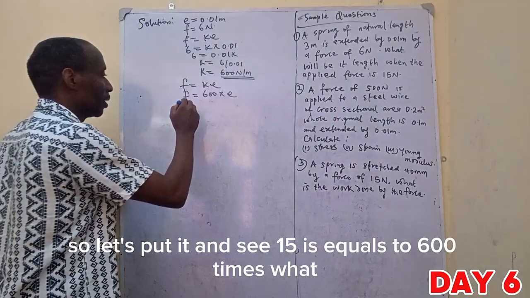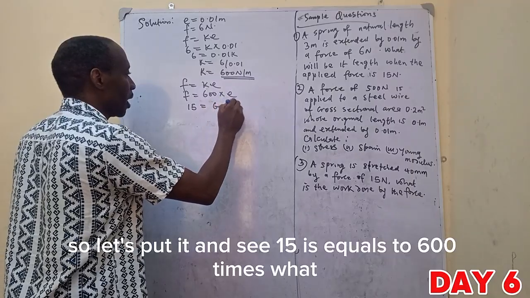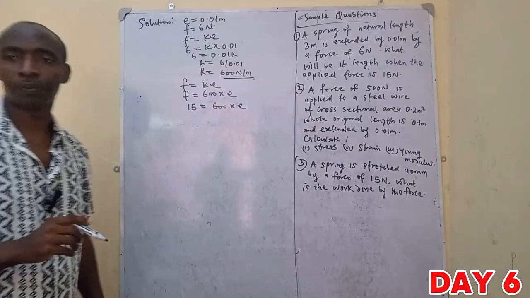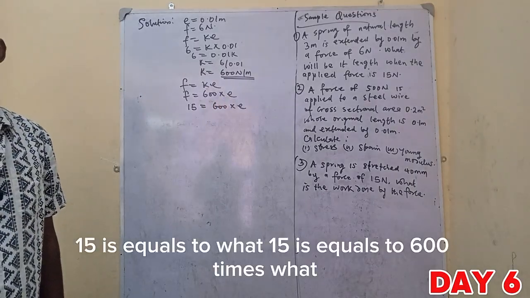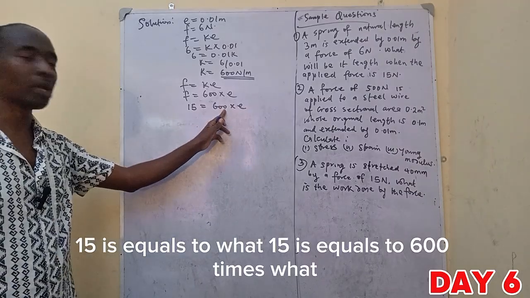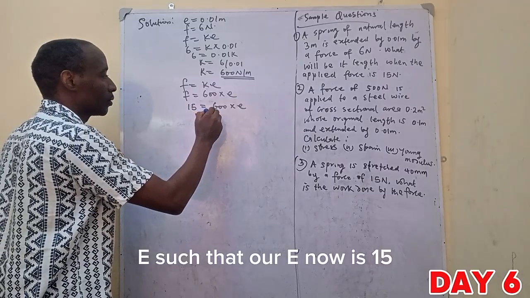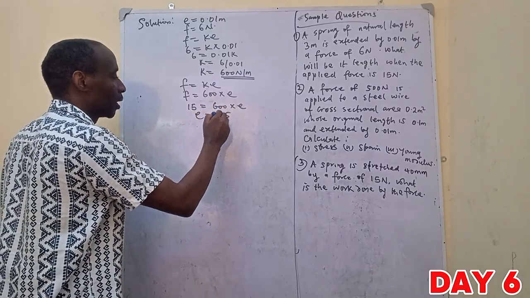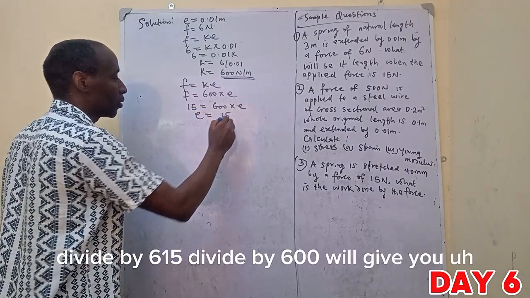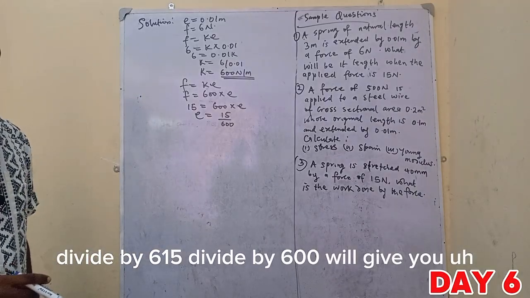So let's put it: 15 is equal to 600 times E, such that our E now is 15 divided by 600.